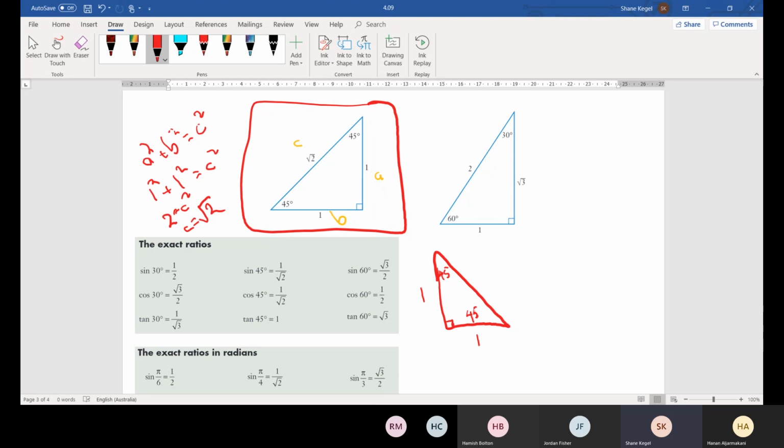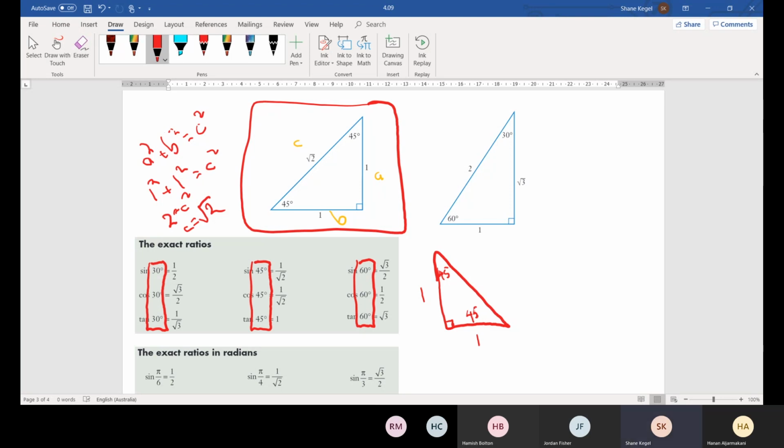And we use this triangle to help us find our exact ratios. So exact ratios happen, as you can see, when we have 30 degrees, 45 degrees, and 60 degrees in each of our ratios. So to do the 45 degrees, we use a right-angled triangle, as we just showed.